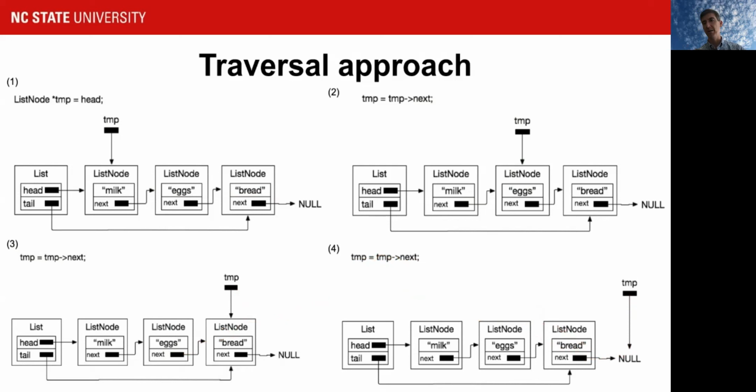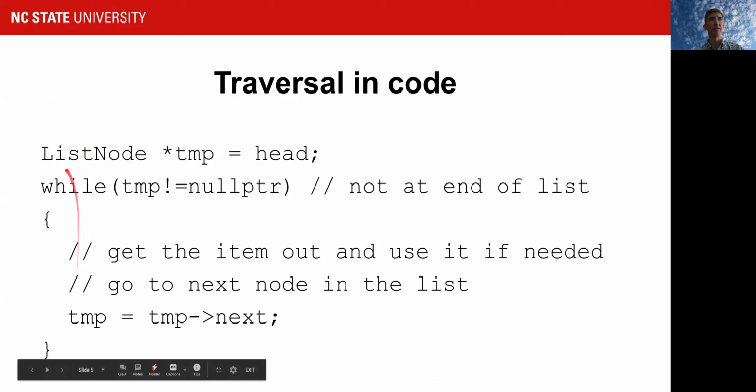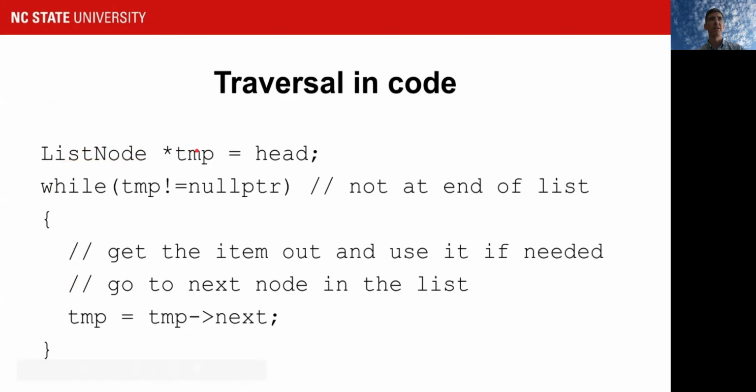So when I think about traversal code, I'm going to start at the head. I can advance to the next location by saying temp equals temp arrow next. I can keep doing that as long as there's a next node to go to in my list. But as soon as I get to the end of the list, where I have that null, I need to stop the traversal. This leads to some code that looks like this. I initialize temp to be head because that's the beginning of my list.